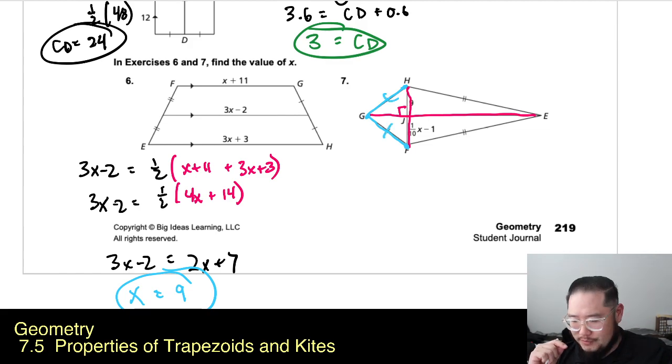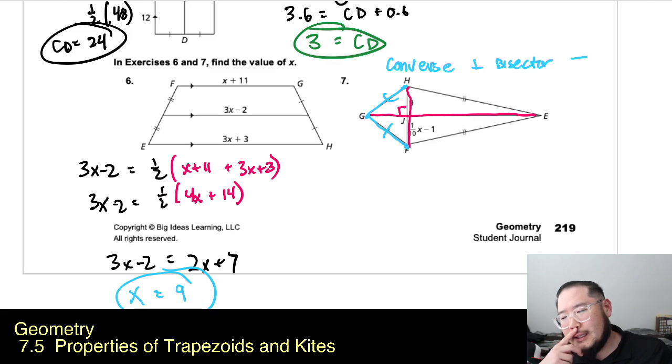Well, if you remember, in chapter 6, we learned something about the perpendicular bisector theorem, or more specifically, the converse to the perpendicular bisector theorem. And from all of that information right there, what that tells me is that G to E is bisecting segment HF.